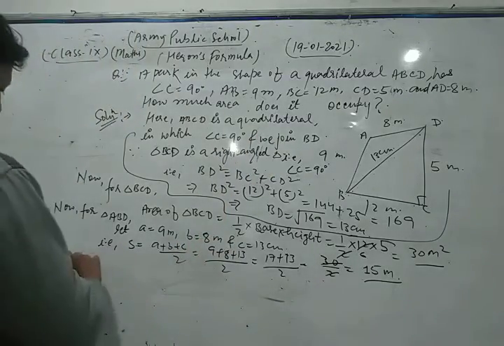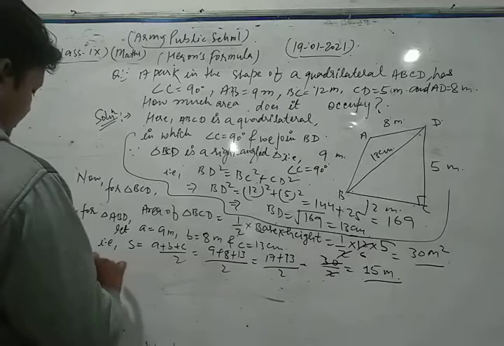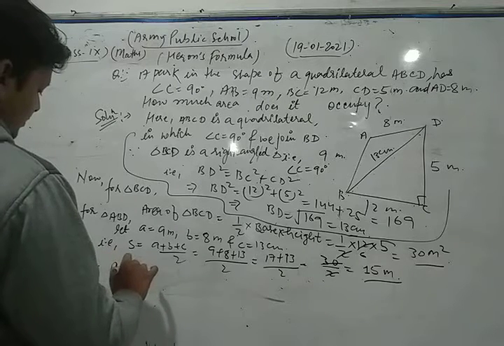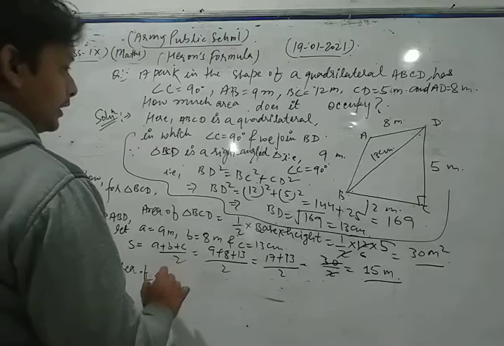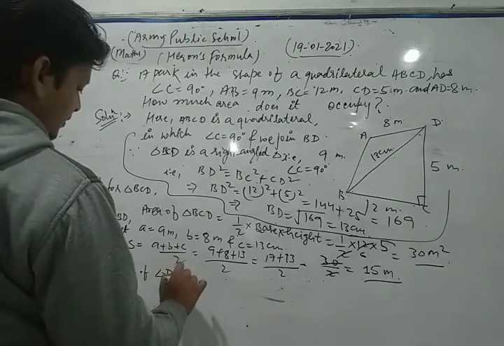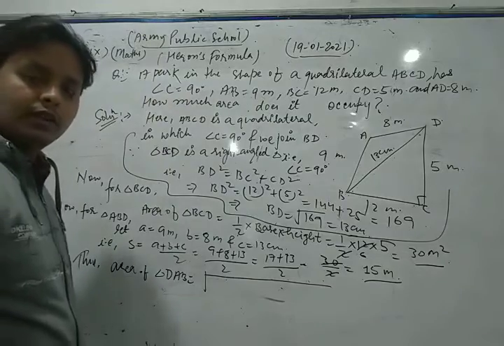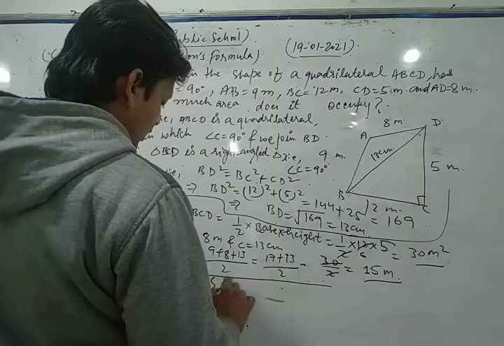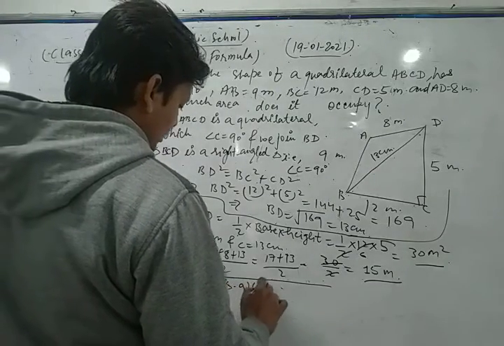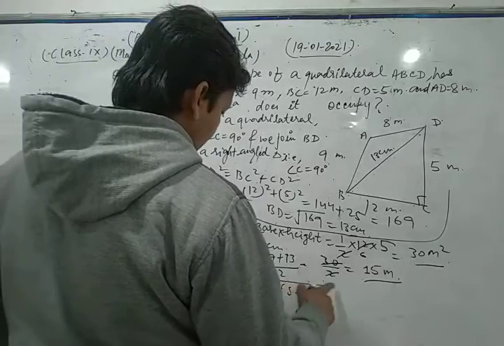Thus, area of triangle DAB is equal to, we apply Heron's formula, which is the square root of s(s minus a)(s minus b)(s minus c).